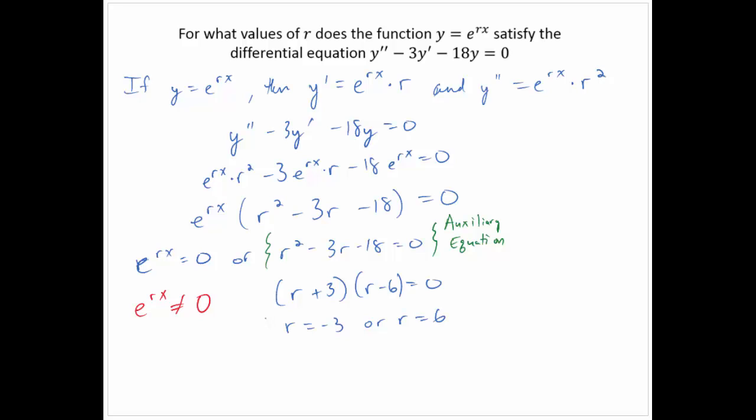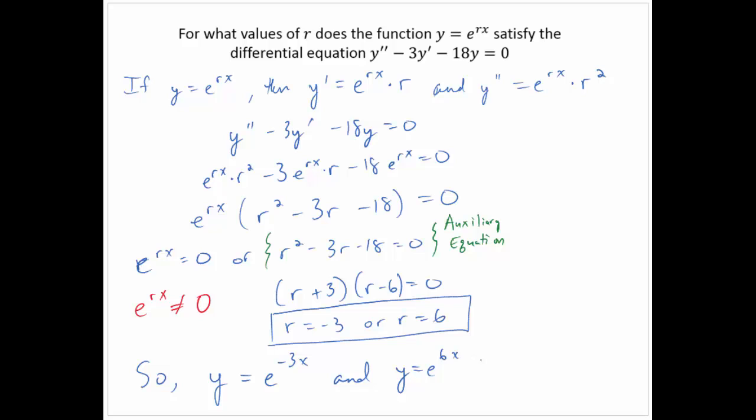So, for what values of r does the function satisfy the differential equation? r equals -3 or r equals 6. And so a conclusion that I could make is that y equals e to the -3x and y equals e to the 6x are solutions.